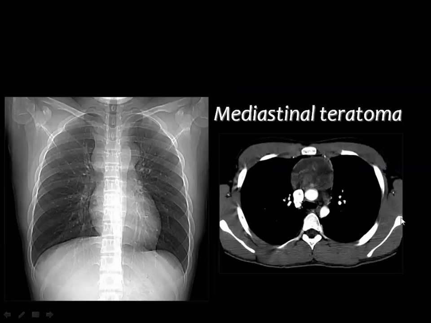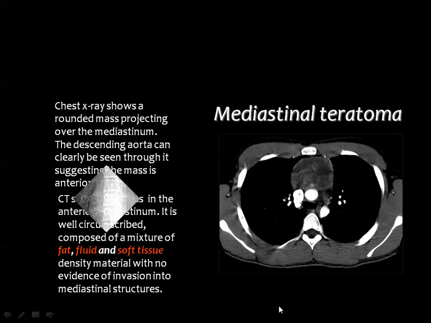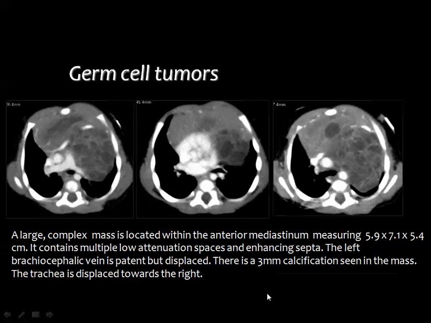And here you see fat and you see some other soft tissue structures, but you don't see calcium and you don't see fluid. Then the diagnosis is based on the detection of fat within this lesion.